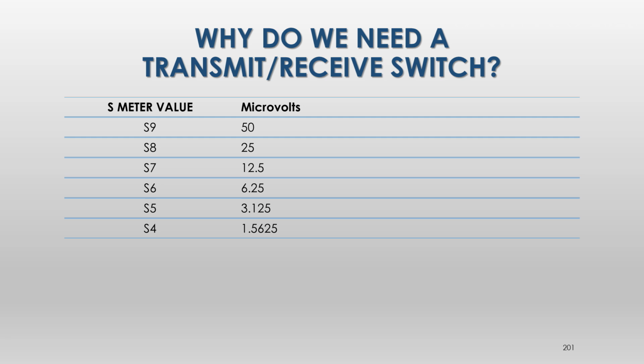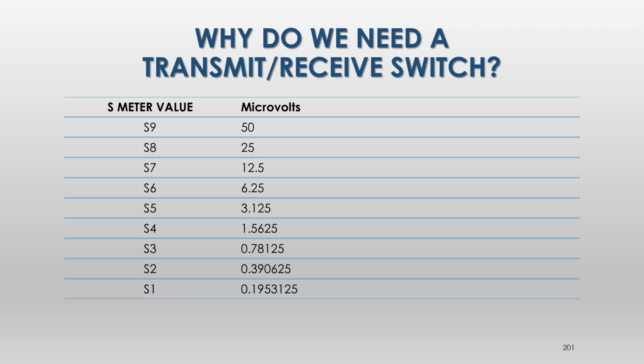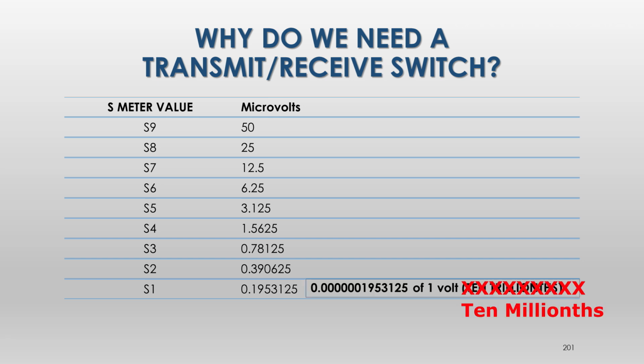S4, 1.5 roughly. S3 is down to 0.78 microvolts. S2 is 0.39 microvolts, and S1 is 0.19 microvolts. So we're already having these zeros, and now we're getting some more. That is of 1 volt. Not a whole lot of juice.